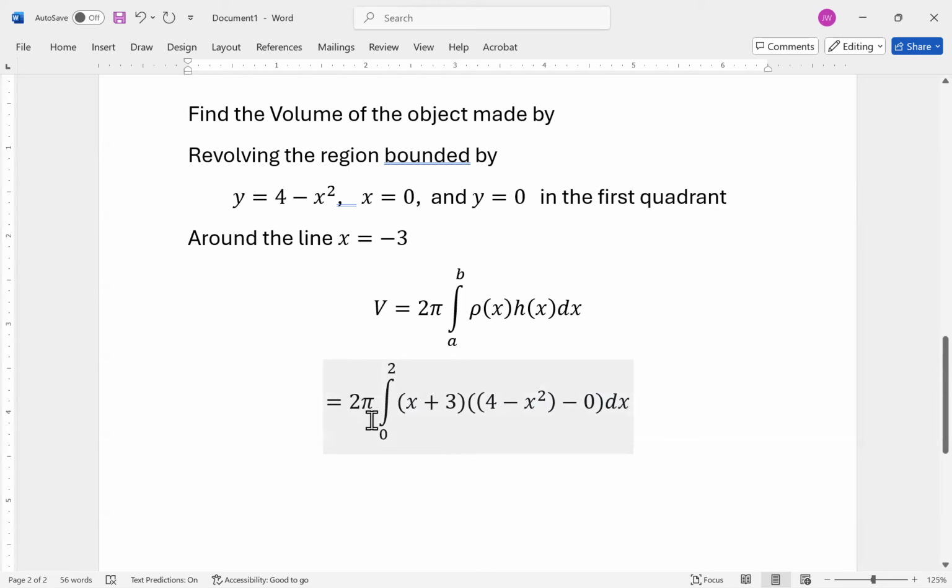It's 2 pi, not just pi. So when I take into account that there's a 2 in front, I get 40 pi as my final answer. That's approximately 125.66.